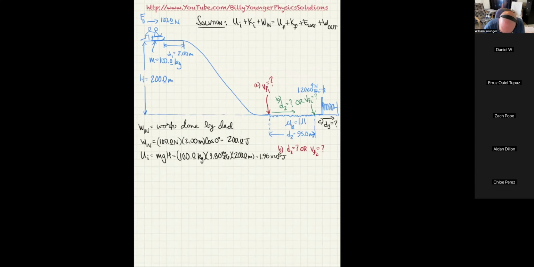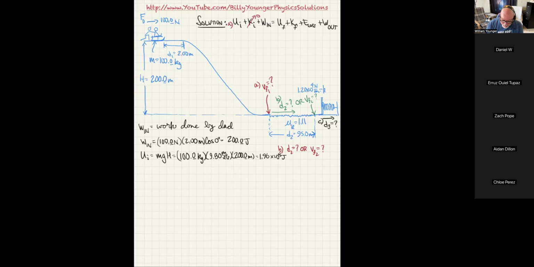So now I can fill this out. What I'm going to do is say the initial kinetic energy for part A is 0 because I'm looking at the boy starting from rest, dad giving him a push. If I wanted to figure out what the boy's velocity was at the end of the push, I could do that.